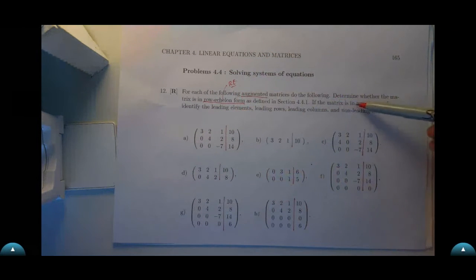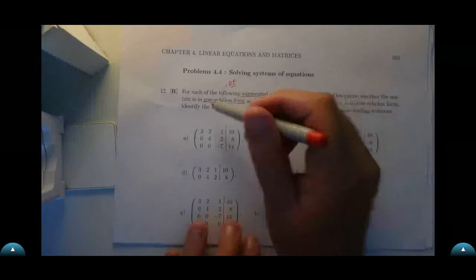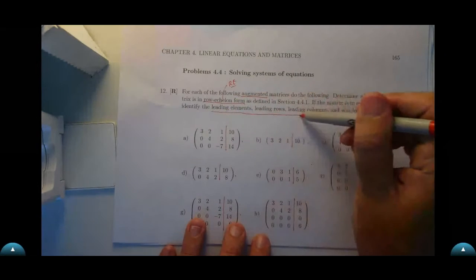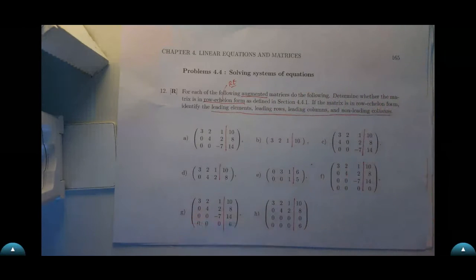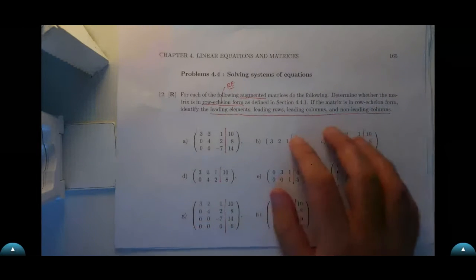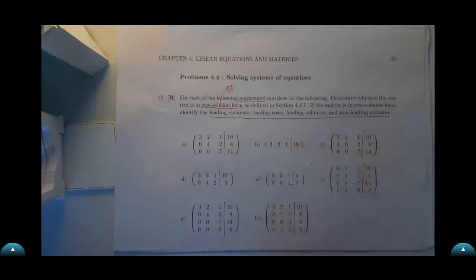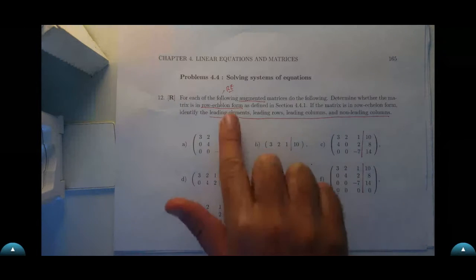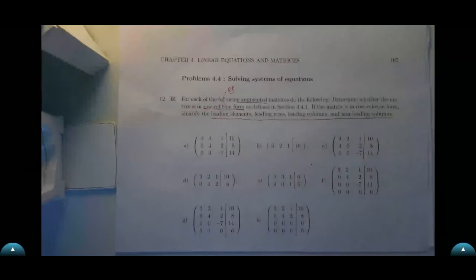If the matrix is in row echelon form, identify the leading elements, leading rows, leading columns, and non-leading columns. Now, there's a lot going on here, so I'm going to do these quite slowly because they're interesting, and I think it's harder to do the more advanced problems if you don't know these things. So that's what I'm going to concentrate on at the start.